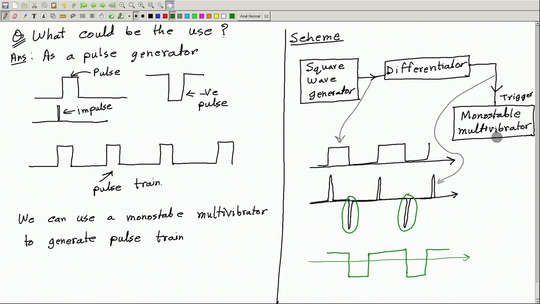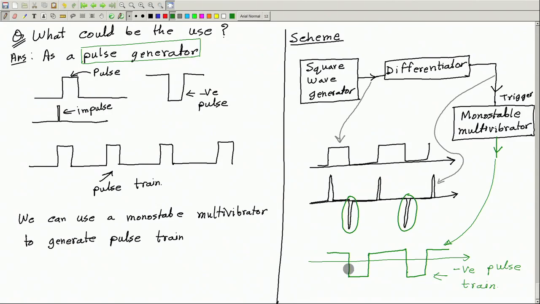This is the voltage that we will have at the output. So, this will be a negative pulse train. So, this way we can make a pulse generator.